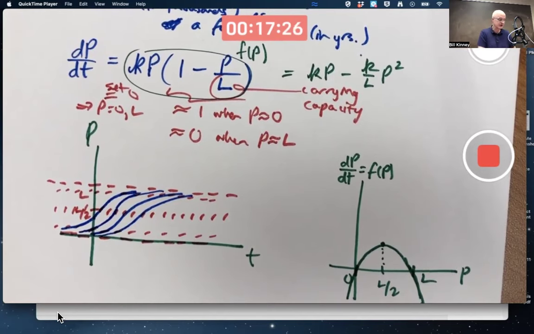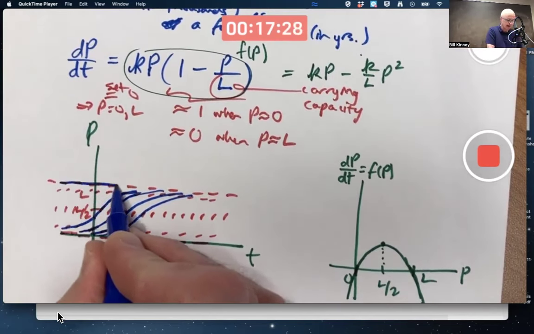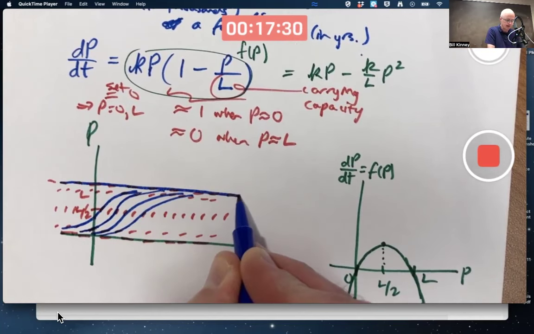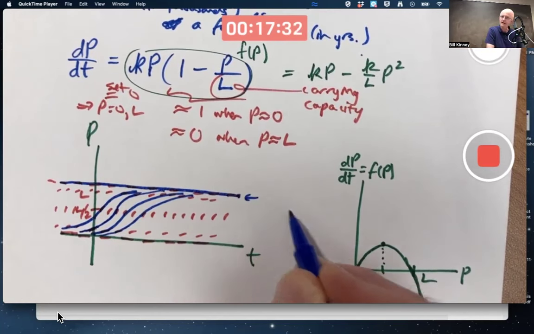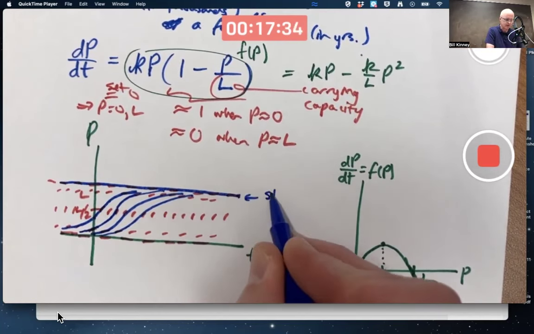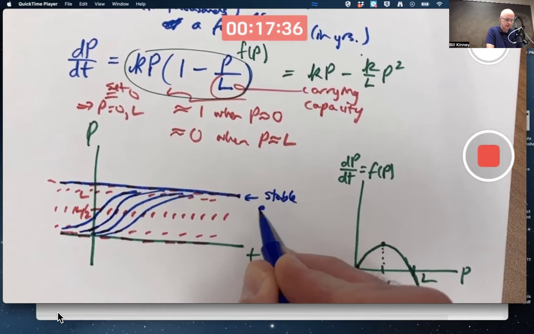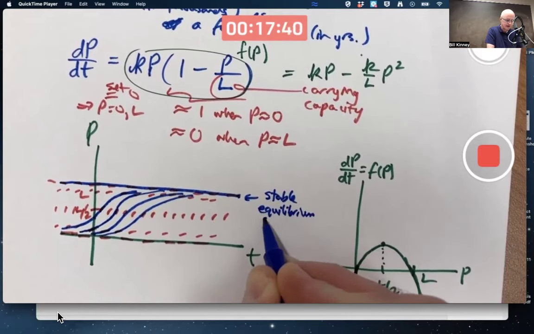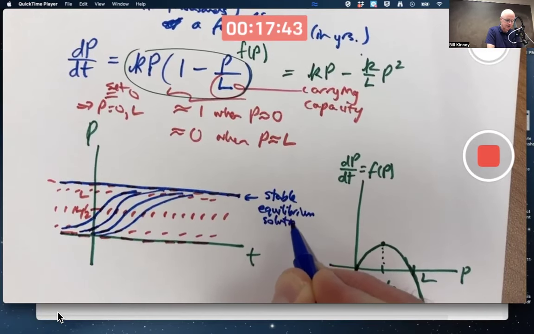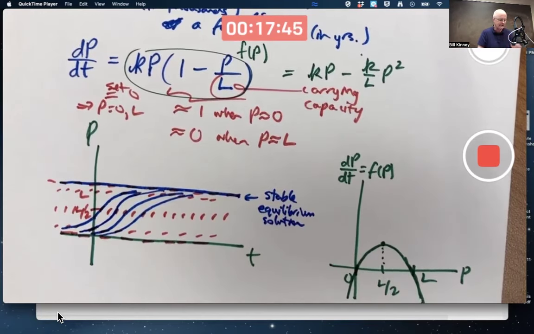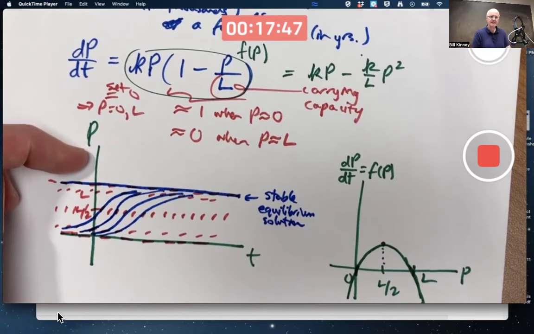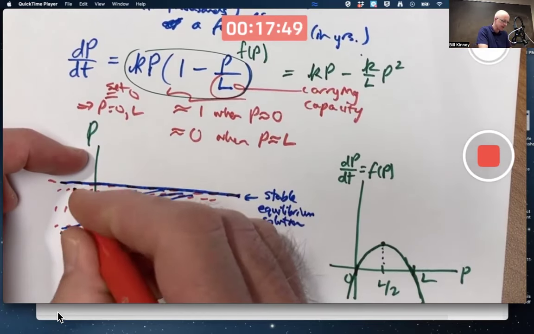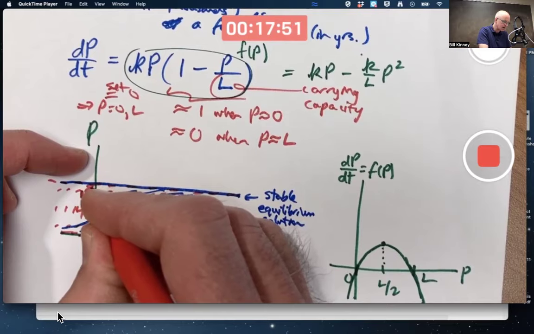What about other initial conditions, like above this equilibrium solution up here? There is an equilibrium solution right there that will end up being stable. Above it, solutions must decrease, because if P is bigger than L, the L, by the way, is right here.